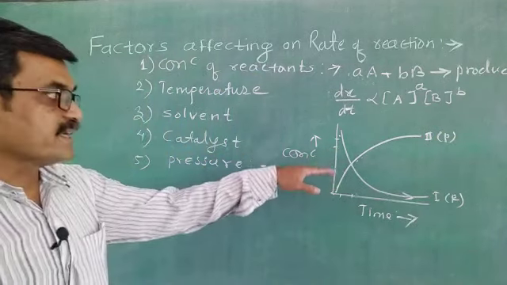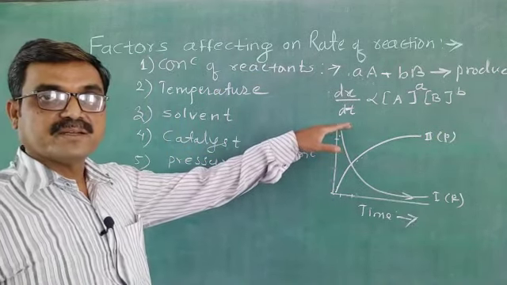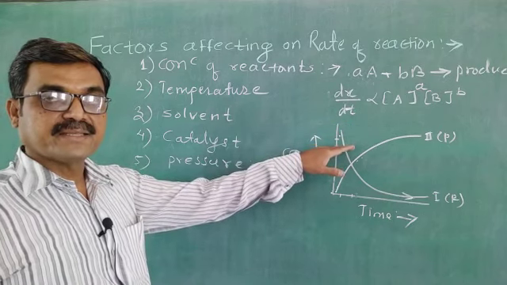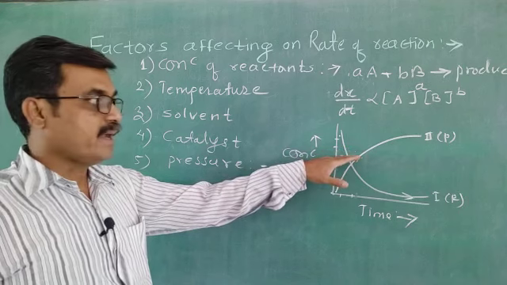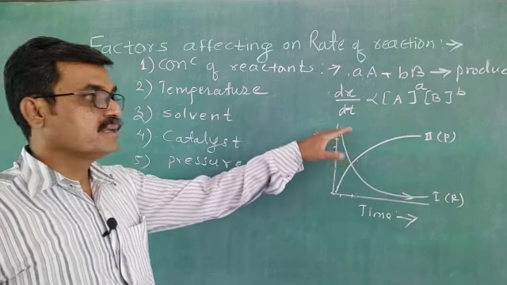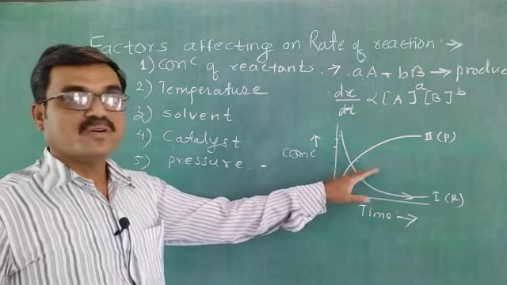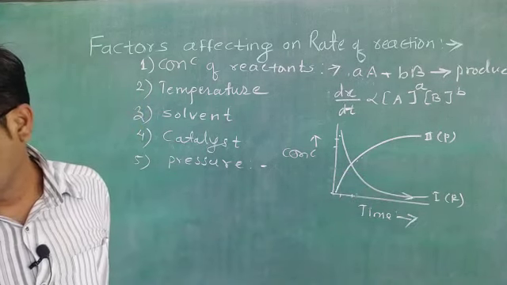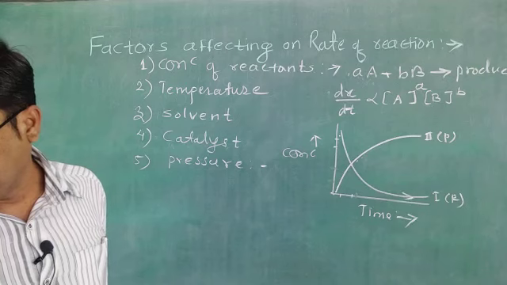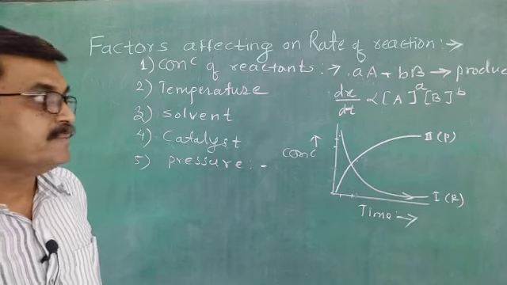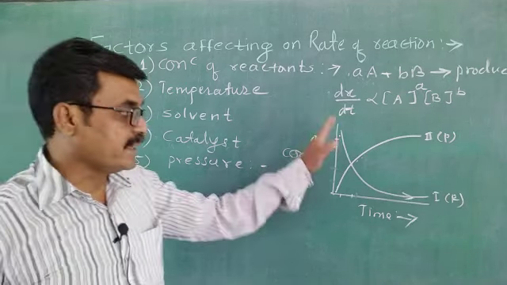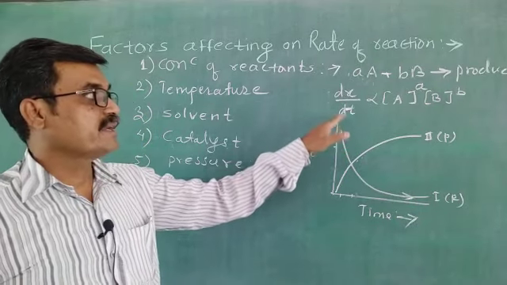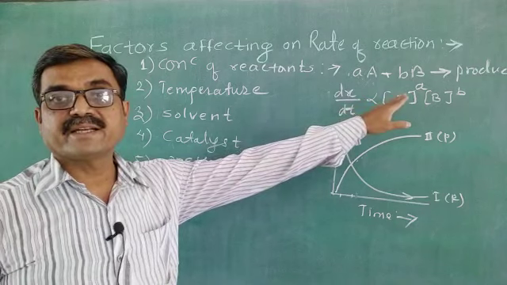From this it is clear that initially the concentration of the reactant is more. As the reaction proceeds, the concentration of the reactant decreases and the rate of reaction decreases. So the rate is highest in the beginning and continuously decreases with time. Why? Because the rate is directly proportional to the concentration of the reacting species.